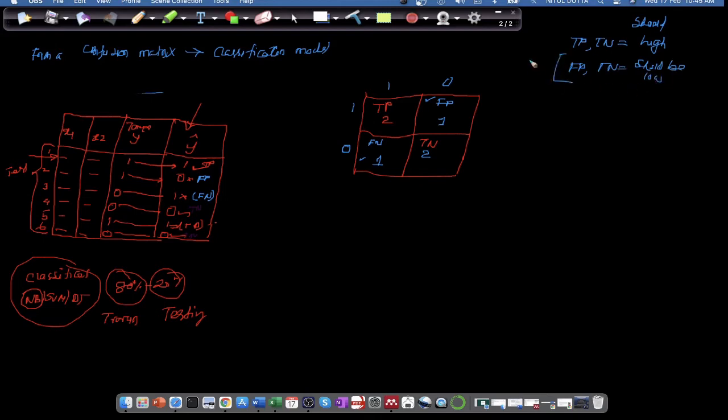This is called the error in the model, because they are falsely detected. This error is called type 1 error, and this one is called type 2 error.